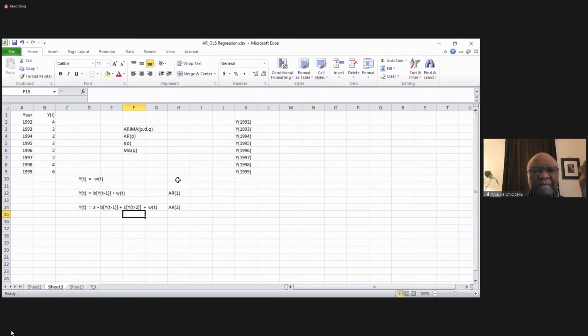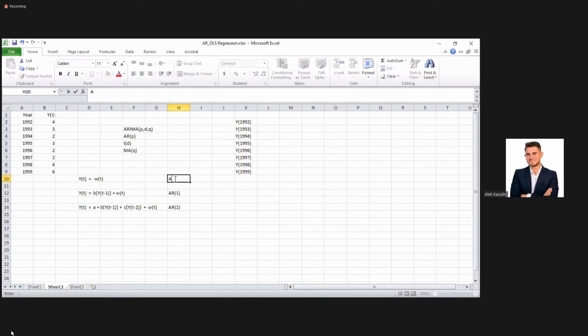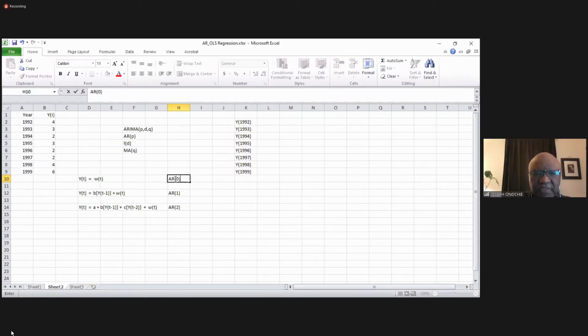Are you with me? Yes. This one is AR what? AR0, correct. So AR0 is a white noise process, if that WT is white noise. AR1 means if you want to determine IBM's return for tomorrow, just look at IBM's return for today plus or minus something.